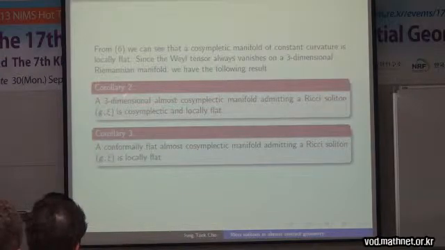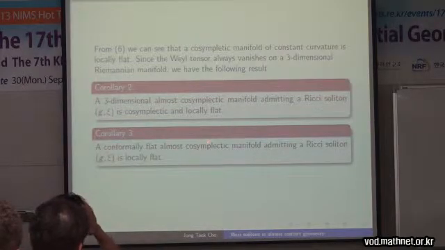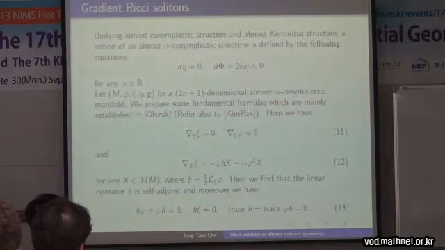In dimension 3, a three-dimensional almost cosymplectic manifold admitting a Ricci soliton (g, ψ) is cosymplectic and locally flat. Corollary 3: a conformally flat almost cosymplectic manifold admitting a Ricci soliton (g, ψ) is locally flat.